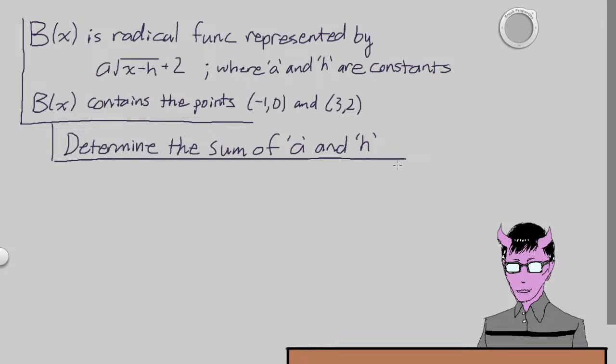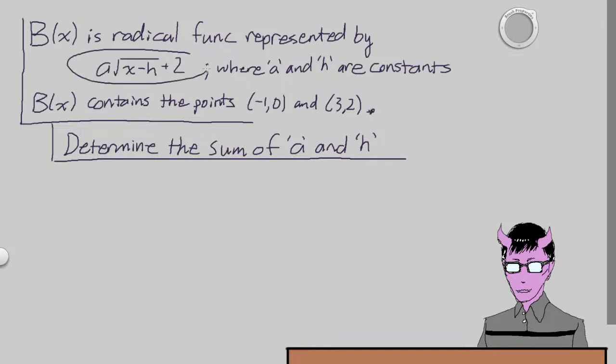We have b of x is a radical function represented by a times square root of x minus h, close parentheses, plus 2, where a and h are constants. B of x contains the points -1, 0, and 3, 2. Determine the sum of a and h.